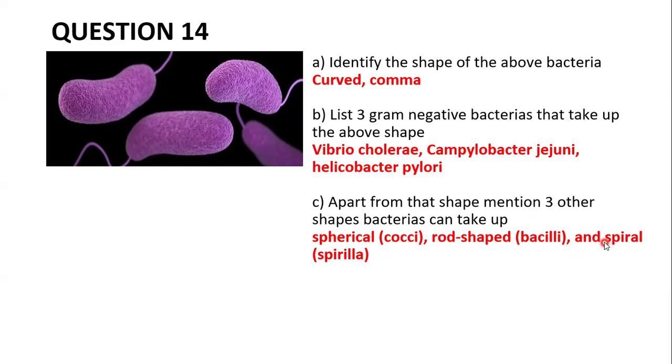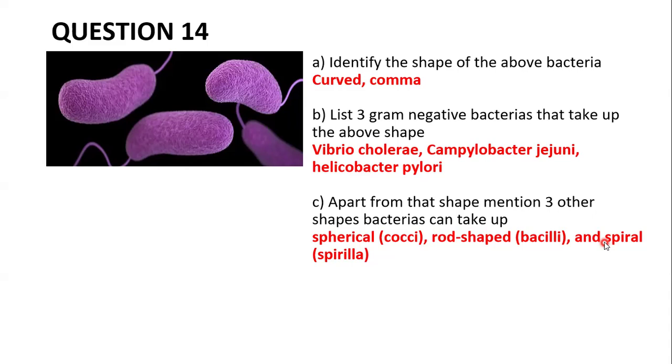Then spiral. So spiral are things like Treponema pallidum, the one that causes syphilis. We have Treponema pallidum, we have Leptospira, and this other one, Borrelia, okay? Those are the spiral-shaped bacteria.